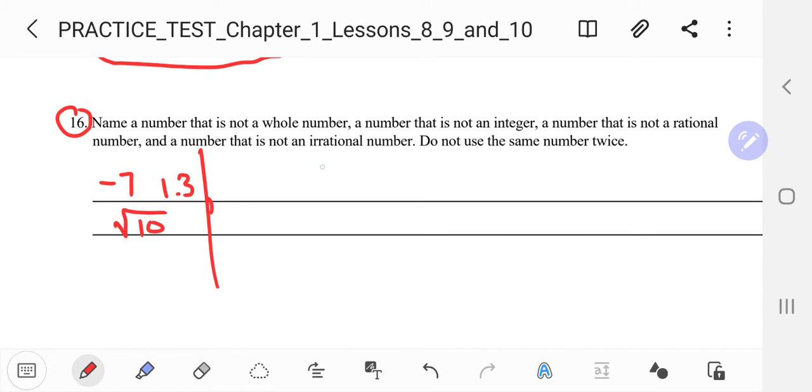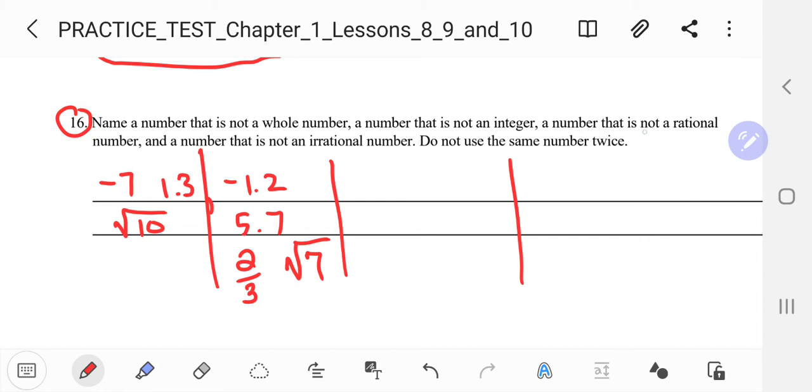Decimals and negatives throw it off. A number that is not an integer: decimals would throw us off here. So -1.2, 5.7, any fractions that don't simplify, like 2/3, and also any irrational number like square root of 7.